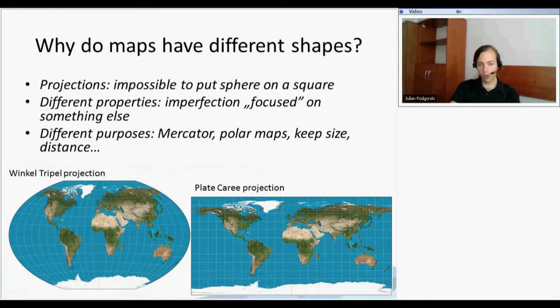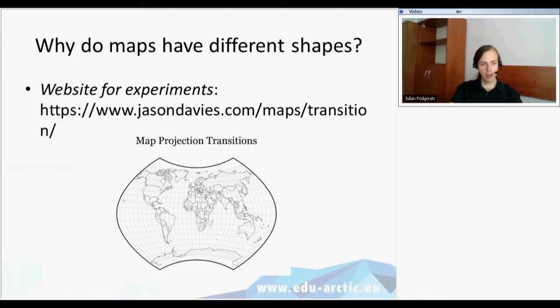And in those two cases, we will be choosing two different projections. And in history, since the idea of projections and coordinate grid was invented, people have made a great many projections suiting very different purposes.